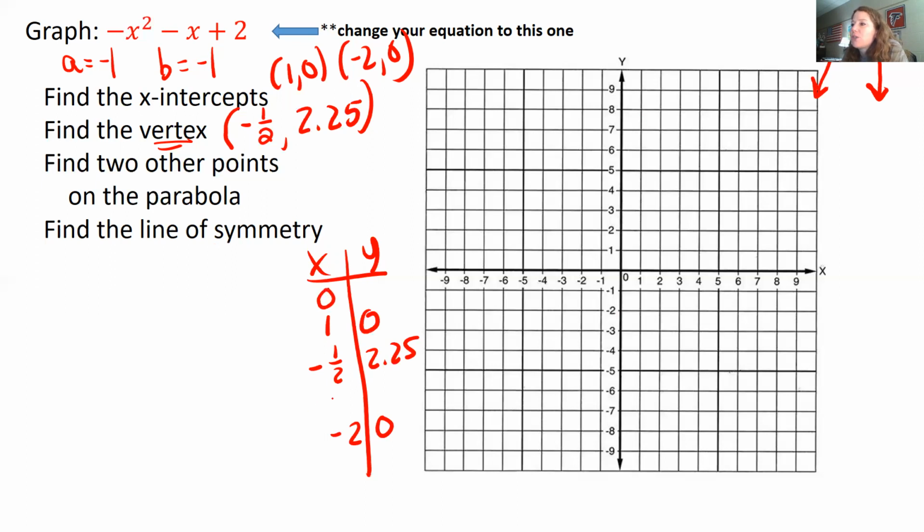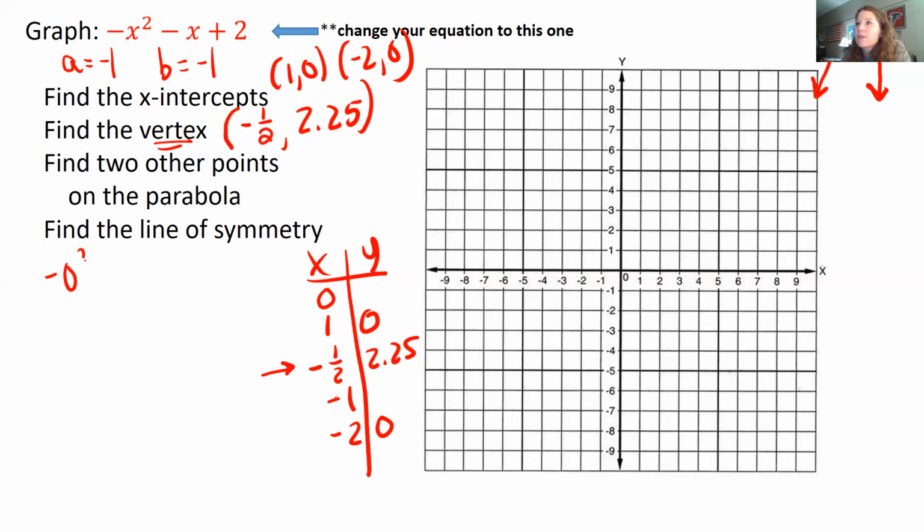And now I'm going to use -1. Yeah. So anyway, you don't always have to find a number right between the numbers you already have, but you want to stay really close to the vertex, all right? So I'm going to use 0.